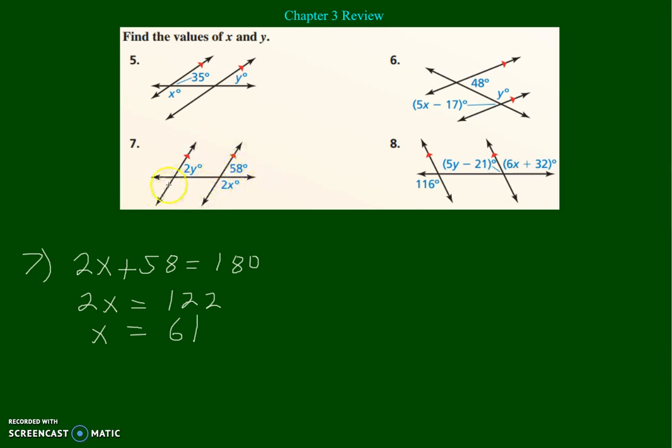Again, if two parallel lines are cut by a transversal, corresponding angles are congruent, which makes this angle and this angle equal. 2y equals 58. And we use the division property of equality to divide both sides by 2. Y equals 29. That takes care of problem 7. Now on to problem 8.